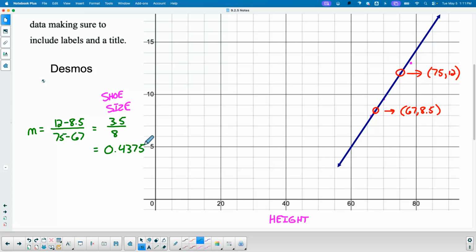Agree? Anybody back that up? 3.5 divided by 8. All of you have calculators, I can see. 3.5, the divide key, 8 equals.